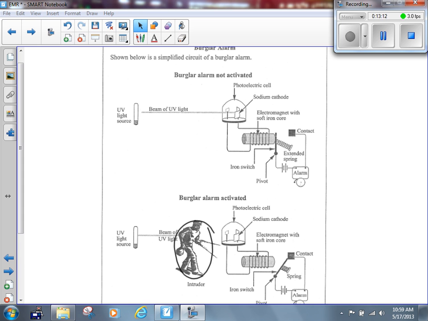But why is that happening though? Why when the UV light strikes the sodium cathode, why is that making this spring extend, and why is it pulling this iron switch back? Okay, you're on the right track, but you're missing a little bit of principle there.